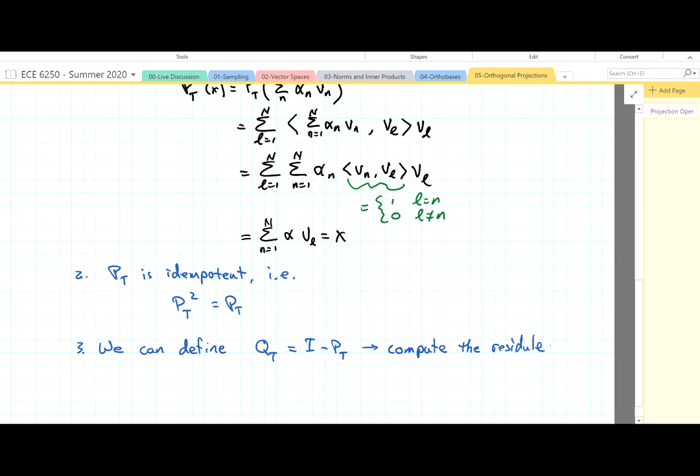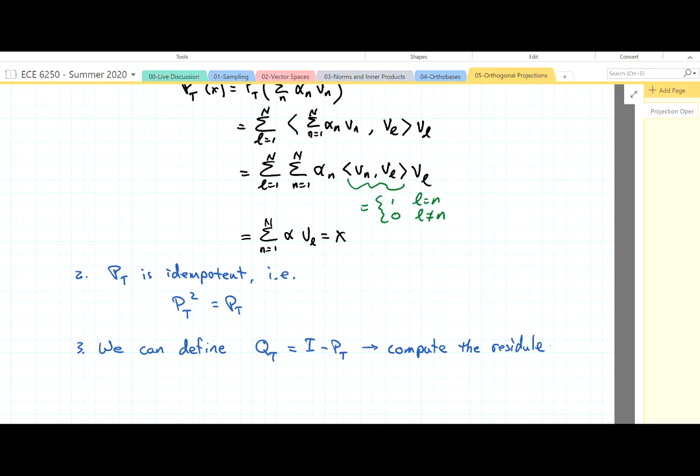Okay, so while I was talking about other things, we can define Q is equal to I, or the identity operation, minus PT.